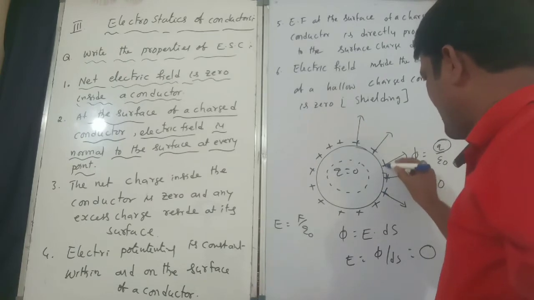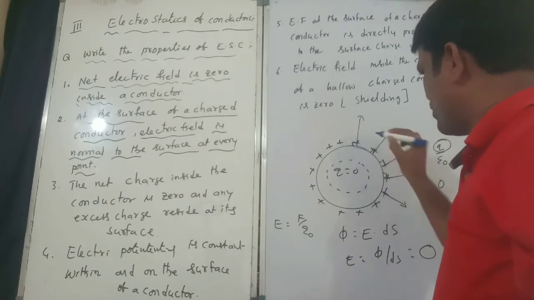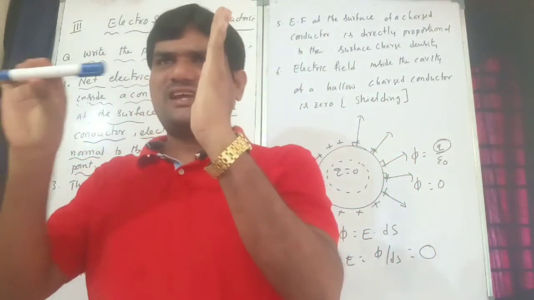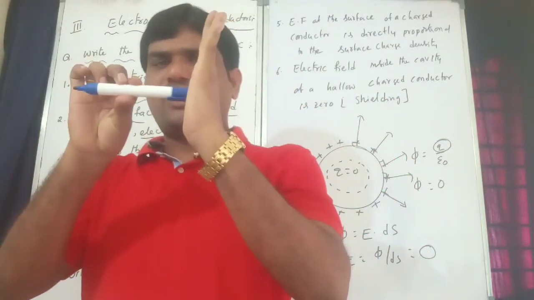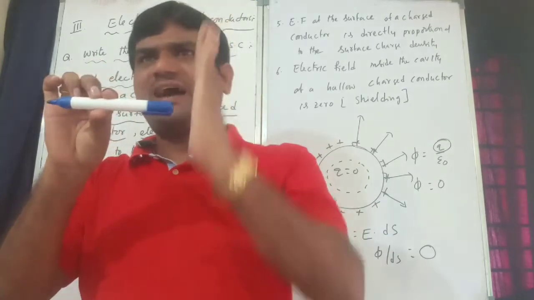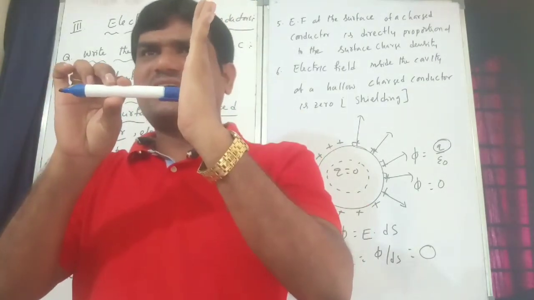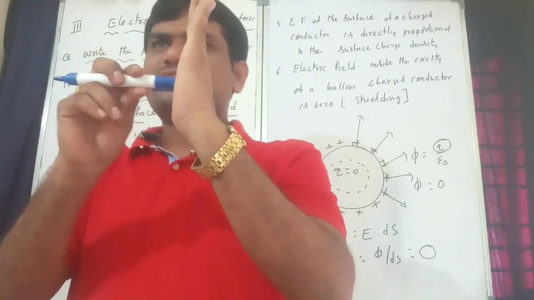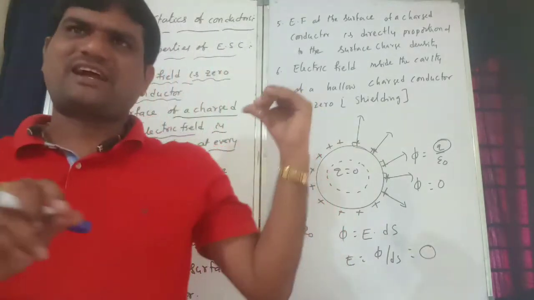The theta is equal to how much? 90 degrees, already I told. So this is the surface, and this is the electric field. The electric field is always perpendicular to the surface of a conductor. So that is normal. That is the second point.